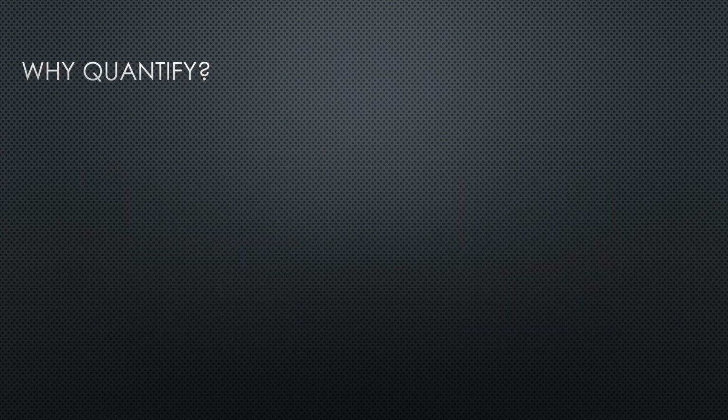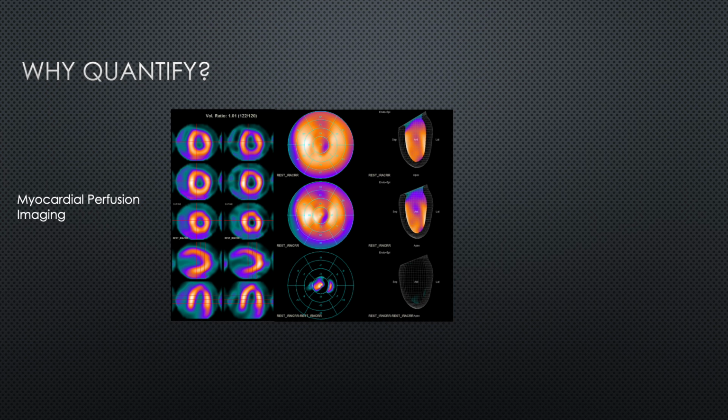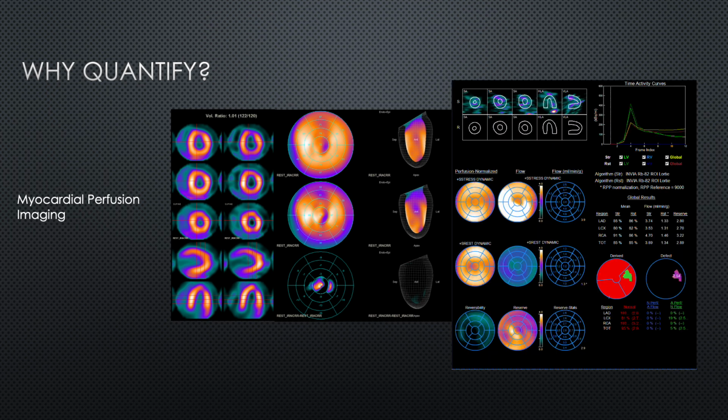And here is a third example. Myocardial perfusion imaging is often assessed visually, but we can add value if we compare relative uptake in the myocardium to a normal population. And in another step, we can add another level of information, such as the addition of absolute blood flow values.